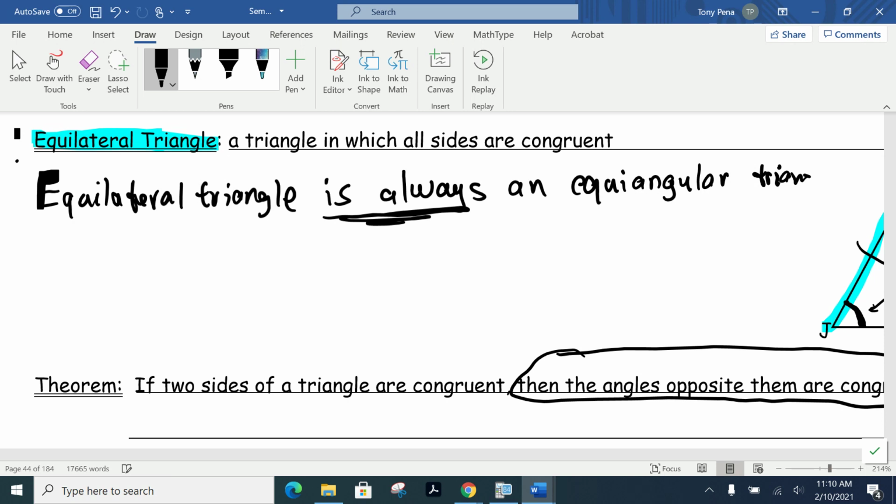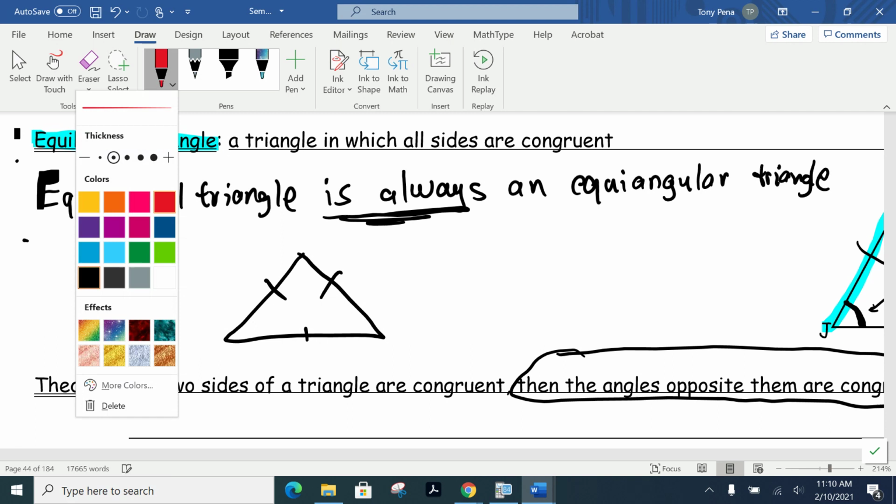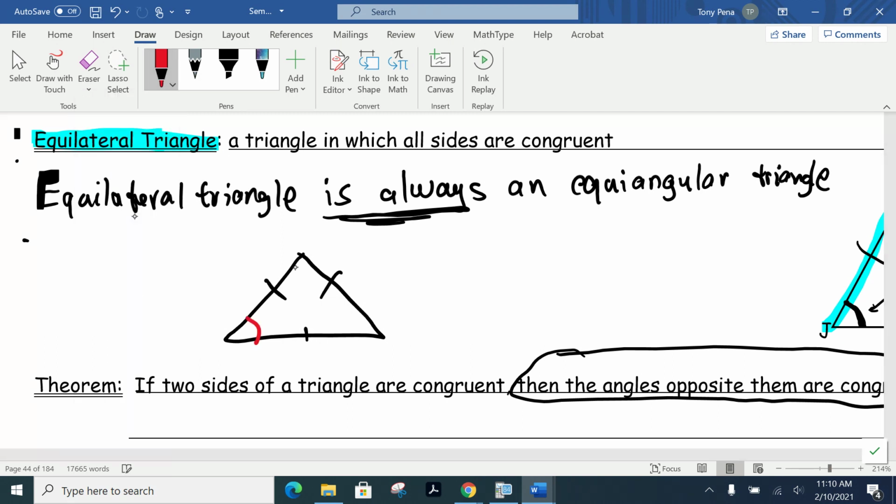So basically what that says is, if I have a triangle and I tell you all 3 of the sides are congruent, what that then guarantees us is all 3 of the angles would also have to be congruent. You want to know that to get this last problem started here.